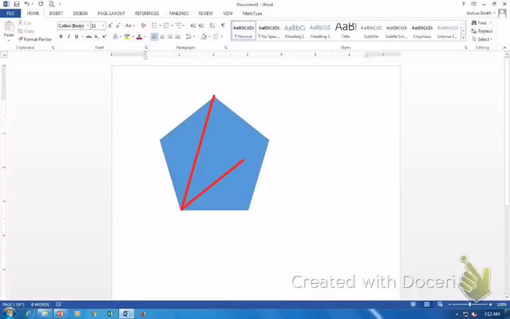And then from here to here, that's a diagonal also, right? Because it goes from one vertex, we skip a vertex. So we start here, we skip this guy and draw to here, right? Well, we've got three triangles. The sum of the interior angles of these triangles, again, are still 180. So we would do 180 times 3, right? And get 540.